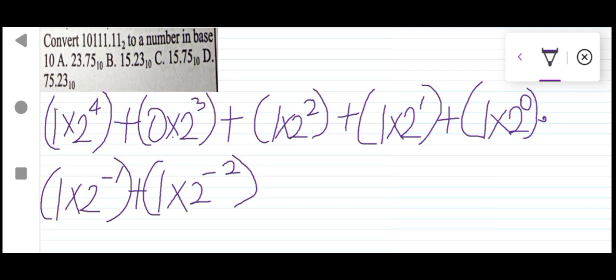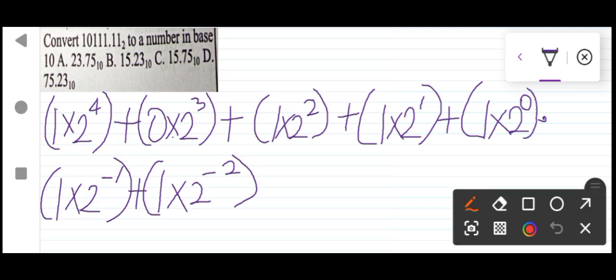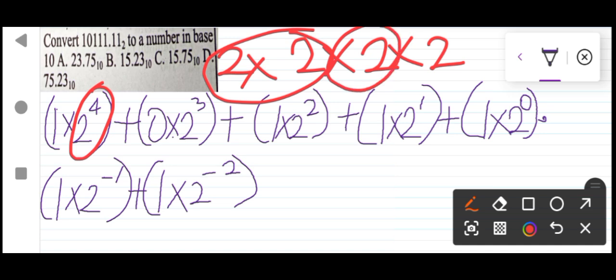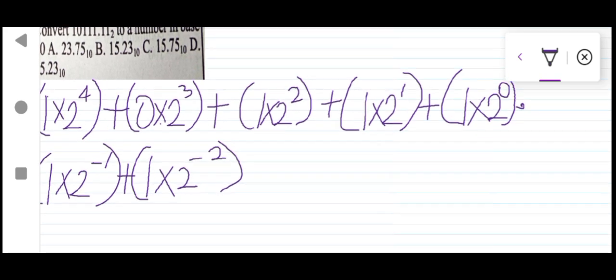Now let's figure out what this is. 2 raised to power 4 simply means 2 in 4 places, then multiply them all together. And from here, 2 times 2 is 4, then multiply by 2 is 8, multiply by 2 again is 16. So let's quickly copy that here.